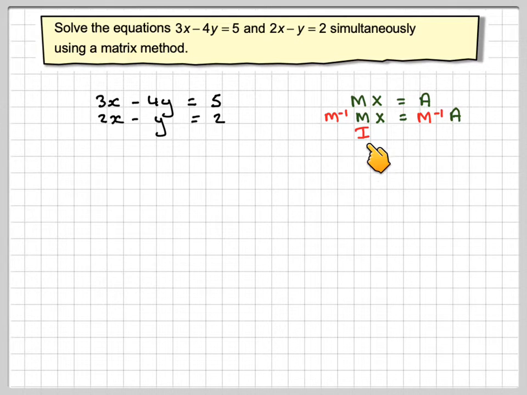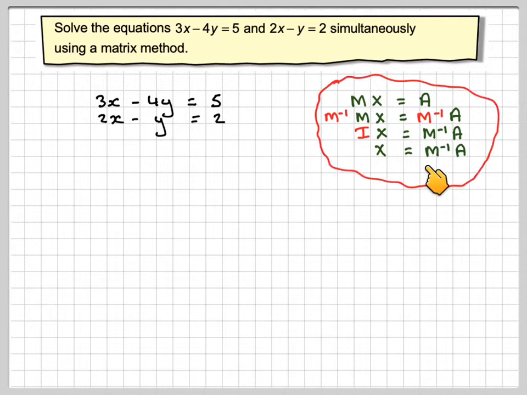For 2 by 2, that would be 1, 0, 0, 1. And on this side, we still have X and M to the minus 1 times A. The identity times X will just give us X. So we can find X by doing M to the minus 1 times A.